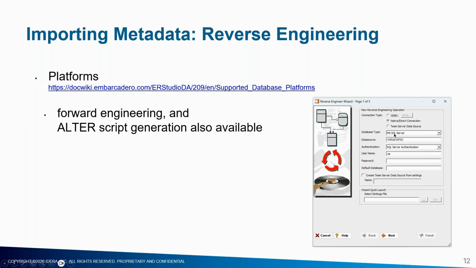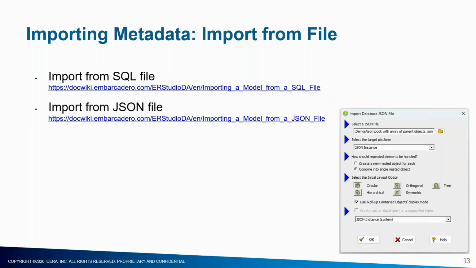But as I said, we can connect to a wide range of these different data sources using various different authentication methods to do this, and then various options will follow that through. So let me, actually, before I do the demonstration, let me do one more slide. Very similar to the reverse engineering is the ability to import directly from a file such as a SQL file or a JSON file.